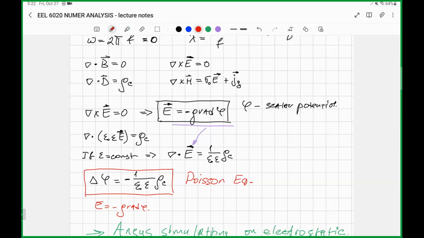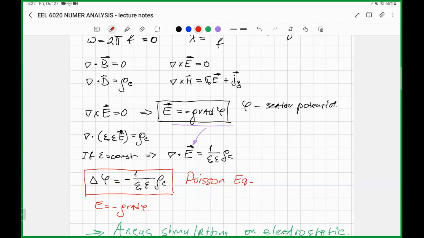Okay, so this scalar potential plays two roles. First, it simplifies some calculations. Instead of solving Maxwell equations for all three components of the electric field, you just solve one Poisson equation for the scalar field and then take the gradient of this field, and it gives you the electric field.